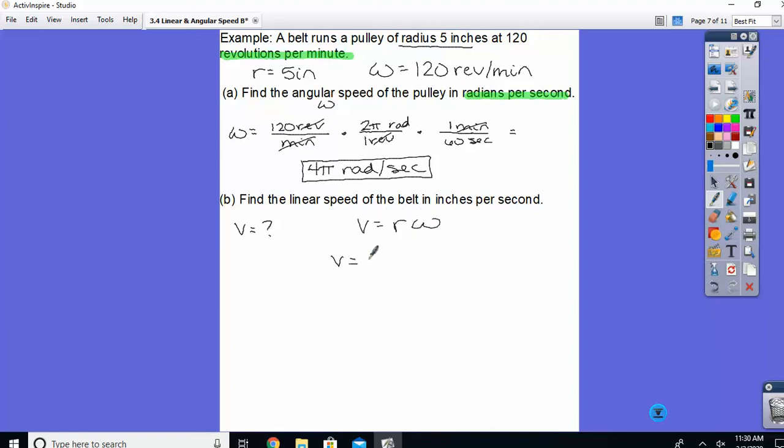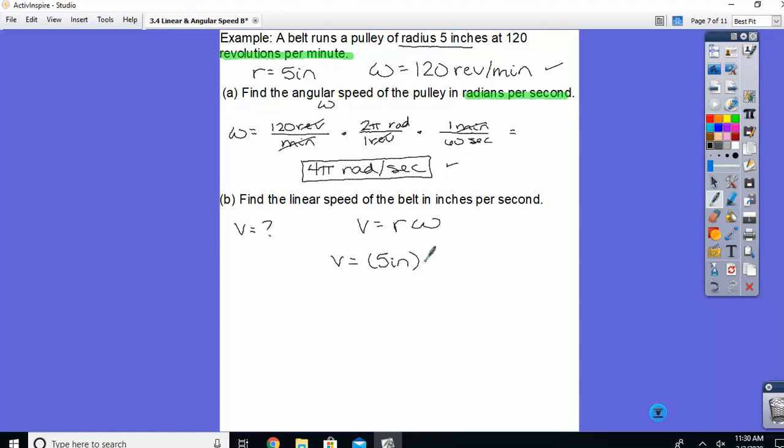So my radius was 5 inches. Omega, we have 2 options. We have omega in 2 different places. I said up here it's 120 revolutions per minute, and here it's 4 pi radians per second. If I'm going to use it in the problem, do I want it in terms of revolutions or radians? Radians, always. If you are going to use it in a calculation, it has to be in radians.